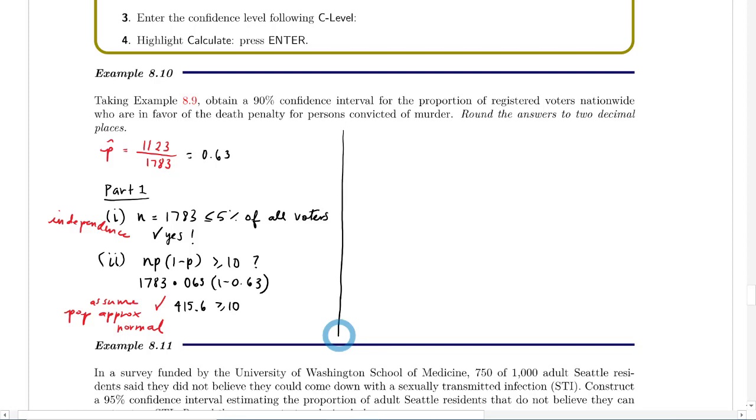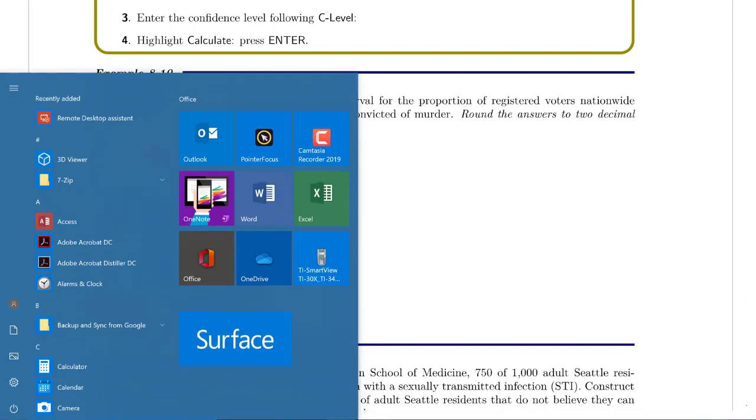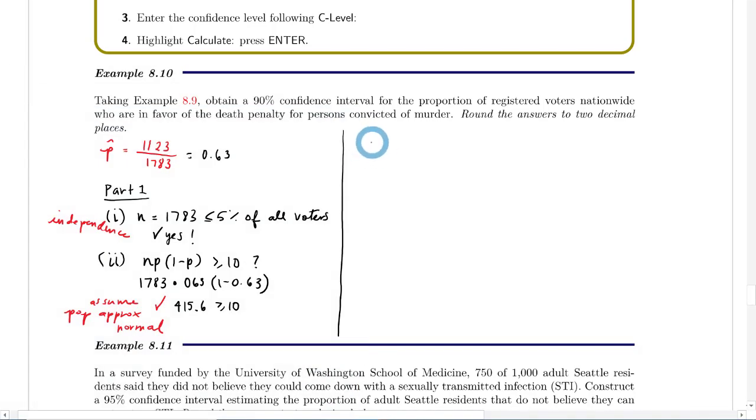Now that these are satisfied, we can go on and find a 90% confidence interval. If we want to do this, then we need a few things. We know that the confidence level is going to be 90%, which is 0.9. And then x is equal to the number of people who are in favor of the death penalty.